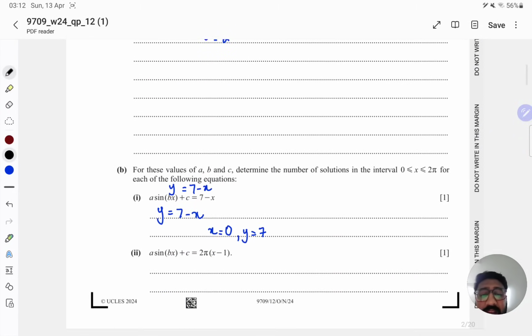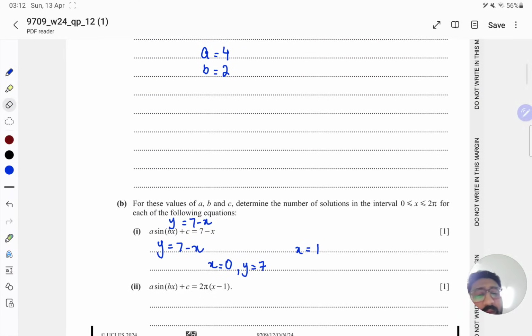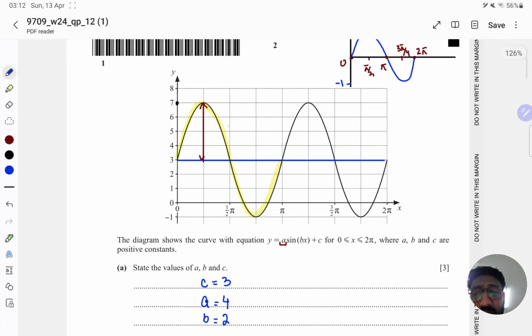Similarly, if I take the value of pi by 2 for x, let me put it in the calculator, 7 minus pi by 2 gives me 5.4 on the y-axis. So pi by 2 has 5.4, which lies somewhere here.